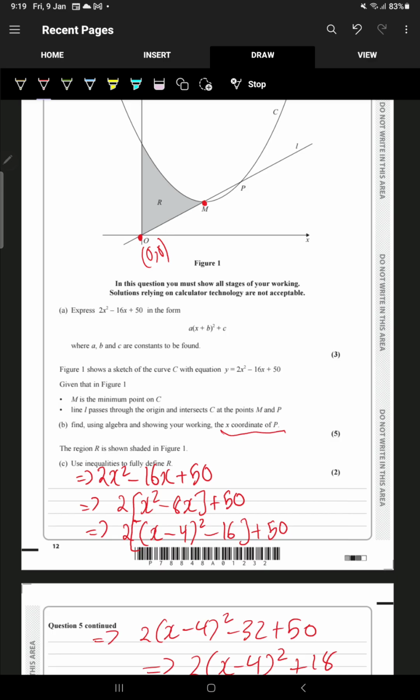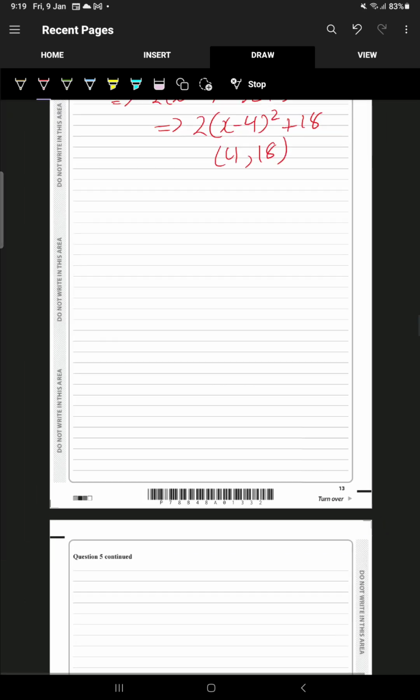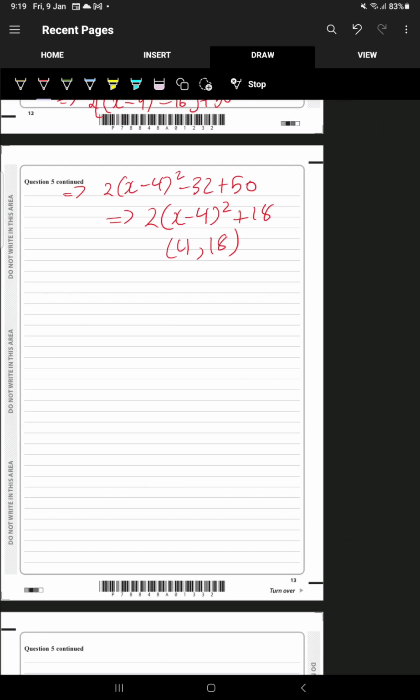What we can do is find the gradient. We have a point, and we can find the equation of the straight line. So if we have 0, 0, this is going to be x1, y1, x2 and y2, 18 minus 0 over 4 minus 0.